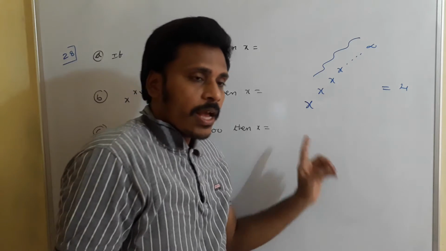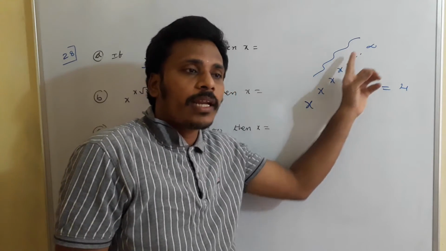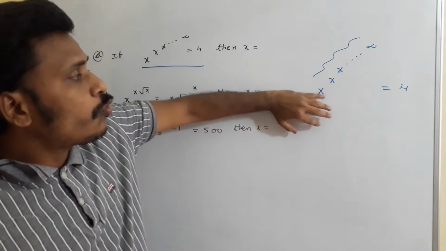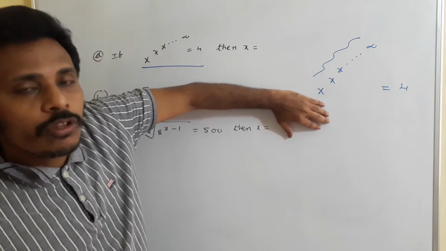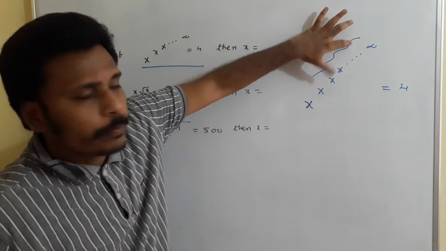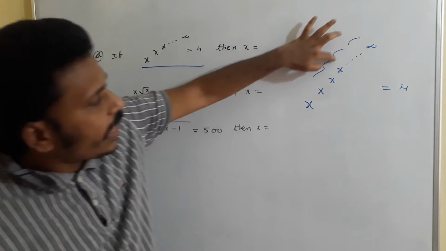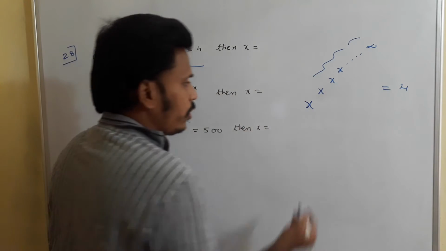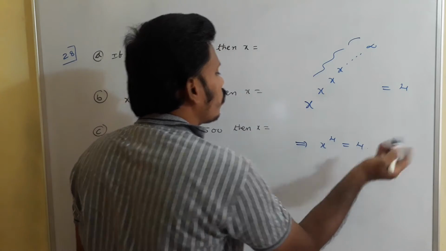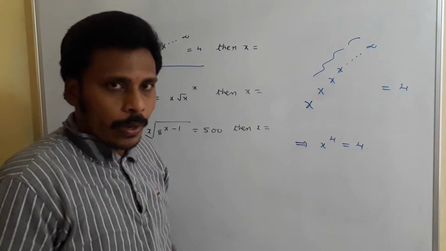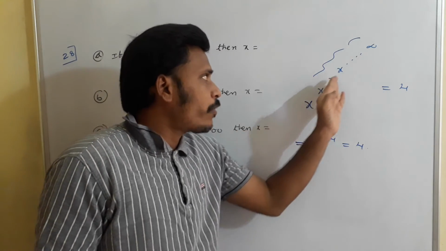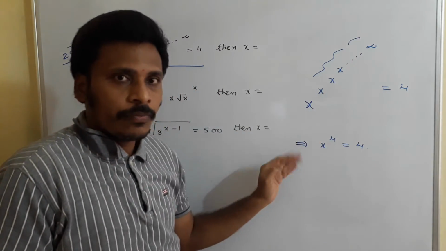Writing x in such a way for infinite times, its value is 4 as given. So if you remove this x, the remaining part again equals 4, which means the next step is x power 4 is equal to 4.